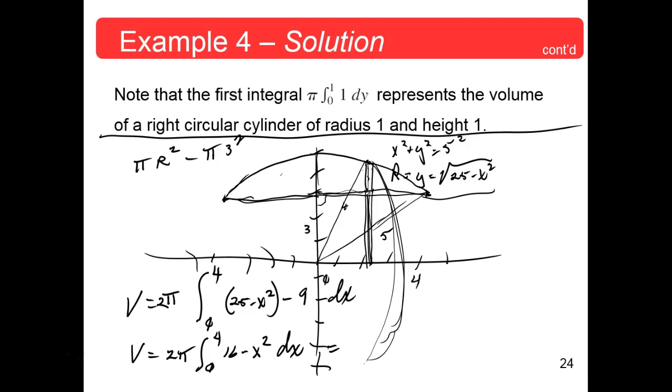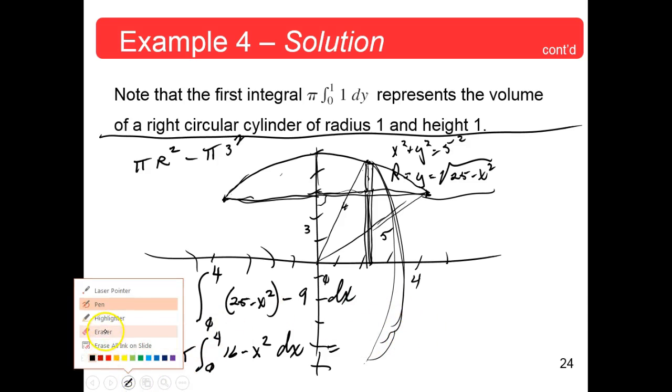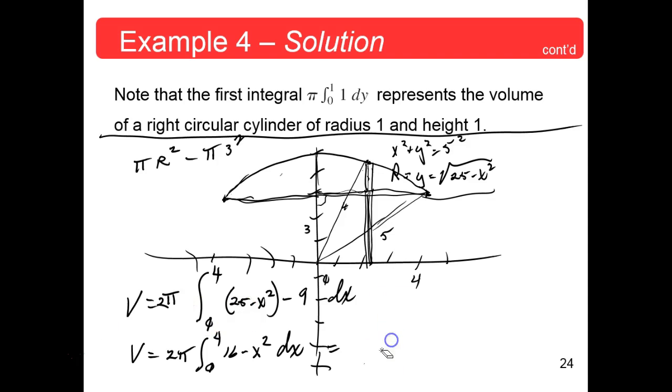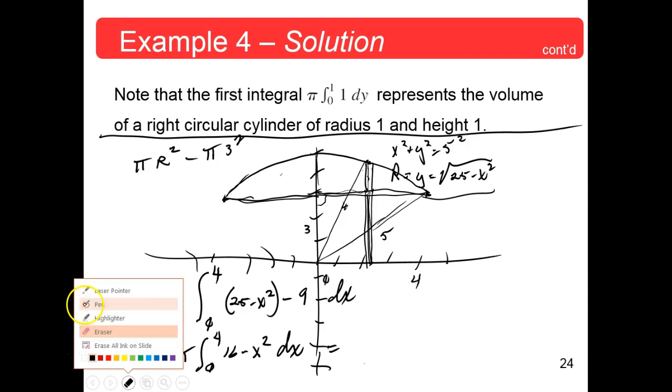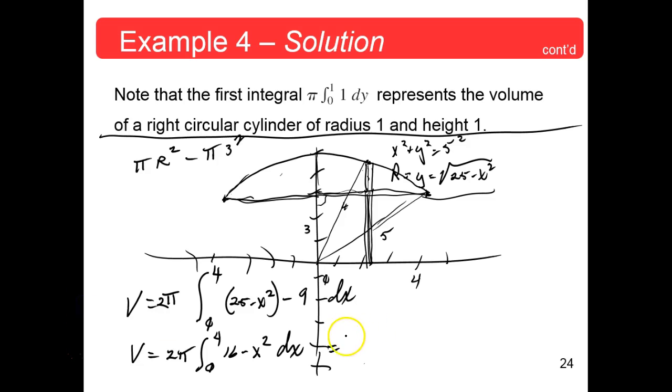The calculus is the easy part. Setting up the problem, that's where the difficulty is. So let's do the math there. I'm going to erase some of this so it's not in our way. Okay. 2 pi times the antiderivative of 16, 16x.